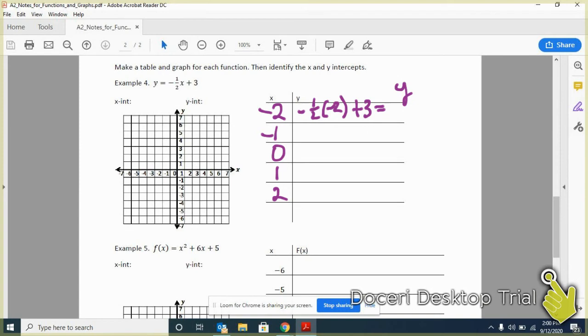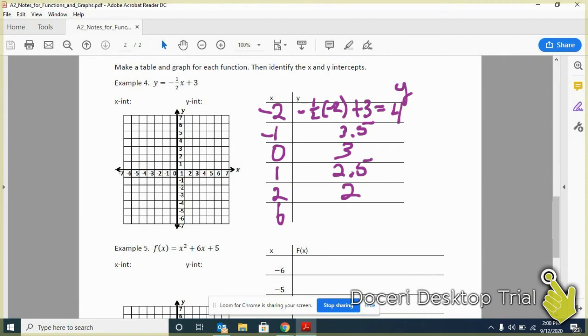So when you do this, it looks like you should get 4, 3.5, 3, 2.5, and 2.